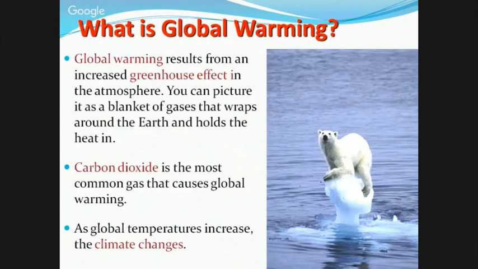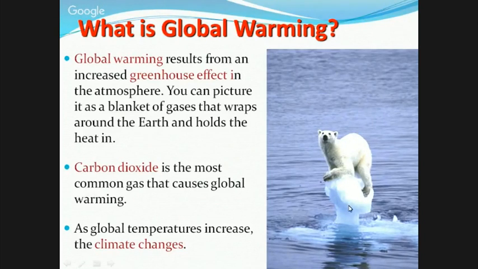And this is what is happening: because of global warming and the greenhouse gas effect, you see that our glaciers are melting. This shows a polar bear with only a very small quantity of glacier left, where it is barely able to stand.